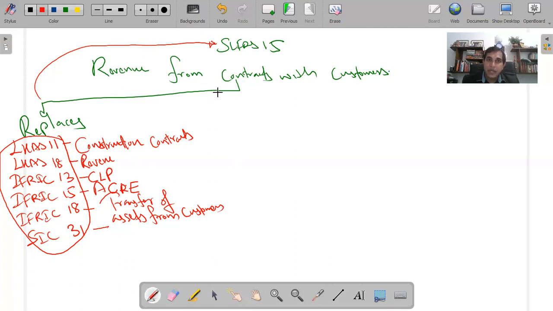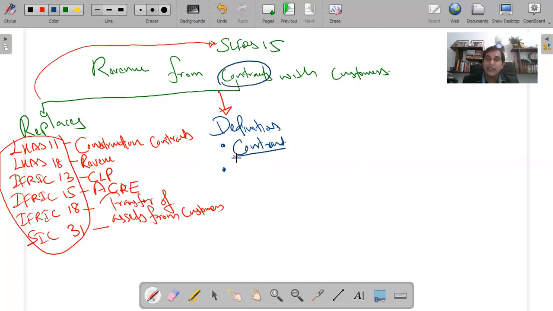In SLFRS 15, a few definitions are given. I'm not going to highlight all the definitions given in the standard, but important definitions would be highlighted. The first definition is contract, because that's in the heading as well.